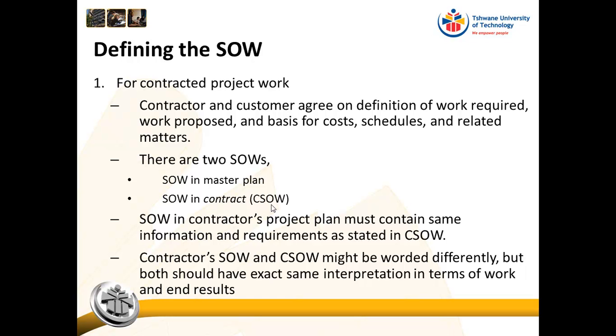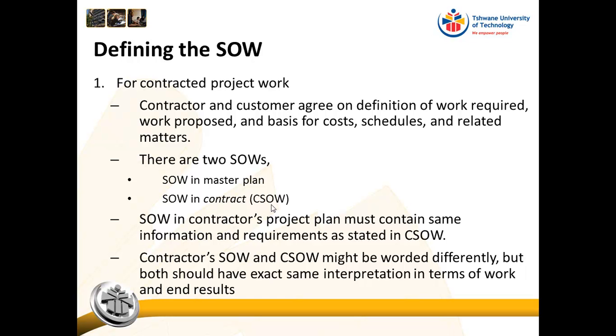Okay, so to recap, there's the statement of work master plan, which is for the aircraft, the high-level aircraft system scope of work. Then the contractor is building the engine, so the contractor will then be given a contract statement of work which will describe at a high level what the engine is supposed to do. The contractor will then take the contract statement of work and will then rewrite it into more detail so that the project team understands it better.